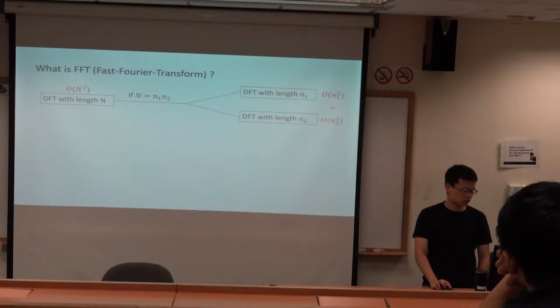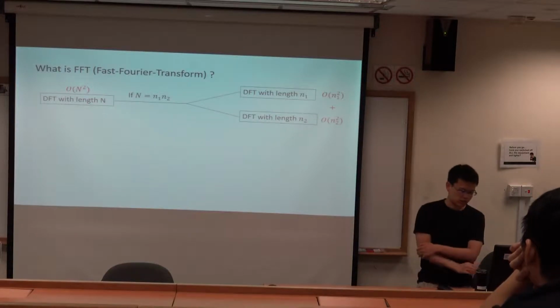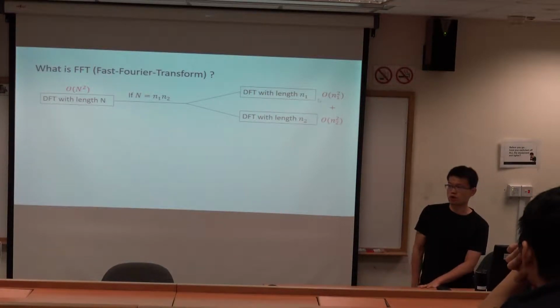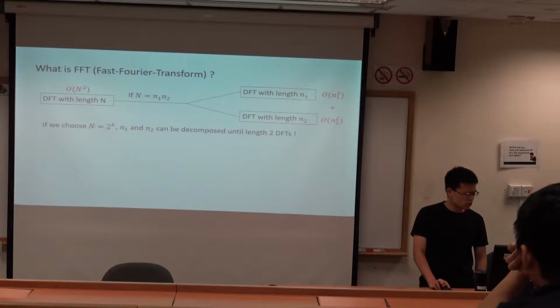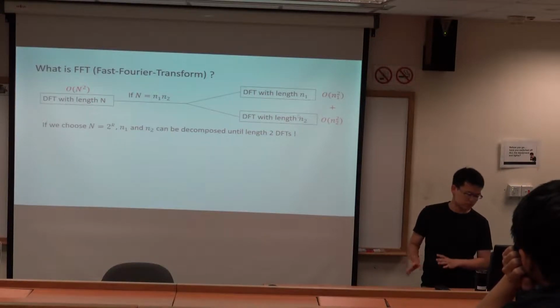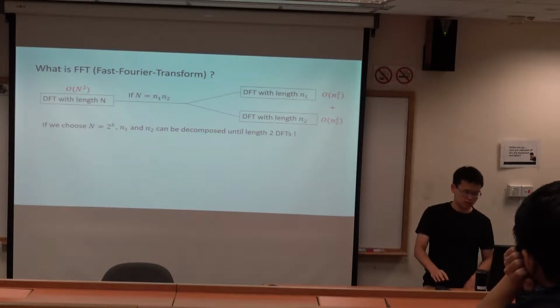And since the time complexity of the original DFT is O(n squared), this decreases the time complexity, right? However, if n is a power of 2, then n1 and n2 can continuously be decomposed into 2, so the time complexity will be lower and lower.